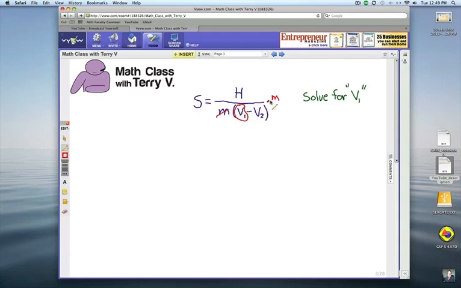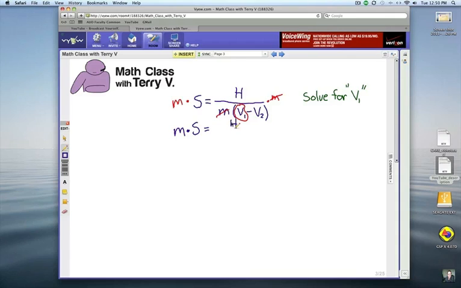And if I multiply the right side by M, I have to multiply the left side by M. Let's write down what we have so far. So M times S equals H over V1 minus V2.